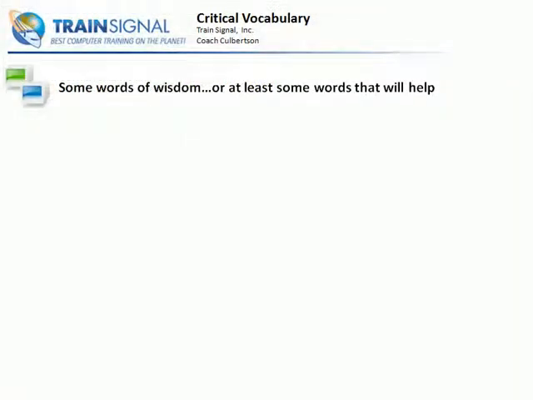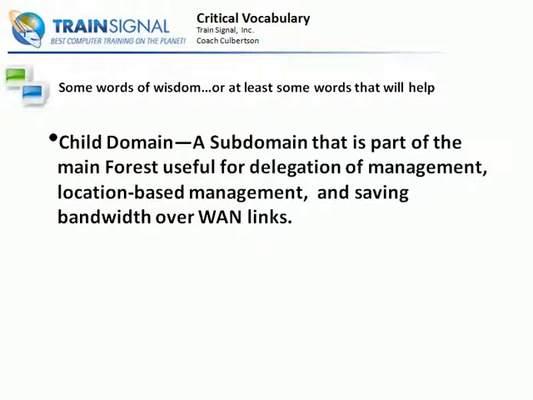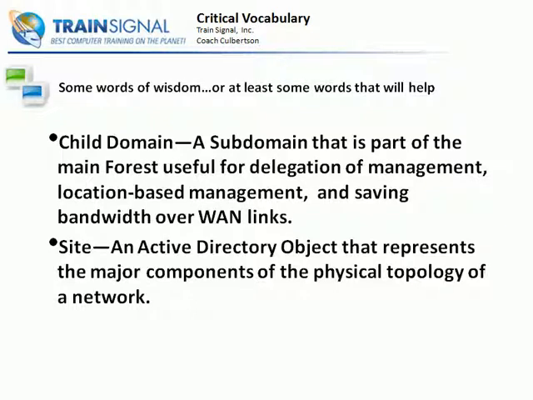All right, so let's go through some critical vocabulary here real quick. And first of all, of course, we did the whole child domain thing. And that is a subdomain that is part of the main forest, and it's useful for delegation of management, location-based management, and saving bandwidth over WAN links. We talked about that. Sites, an Active Directory object that represents the major components of your physical topology of your network.